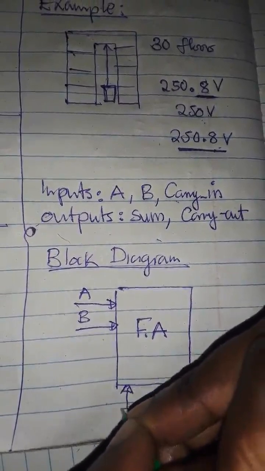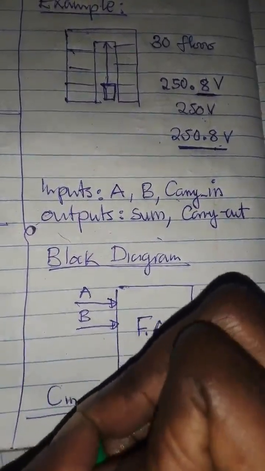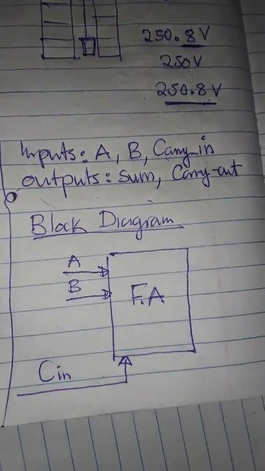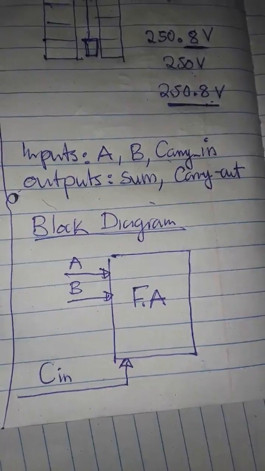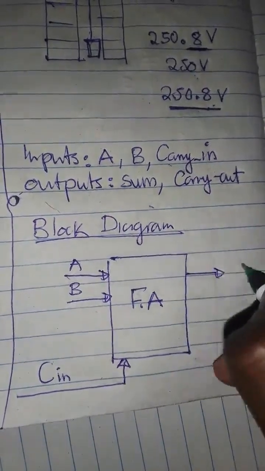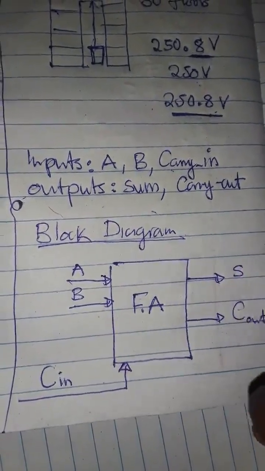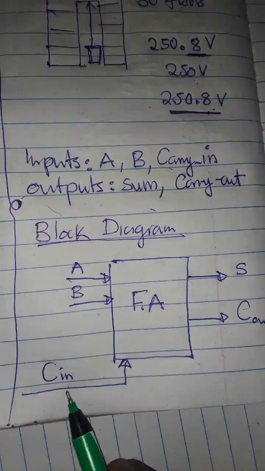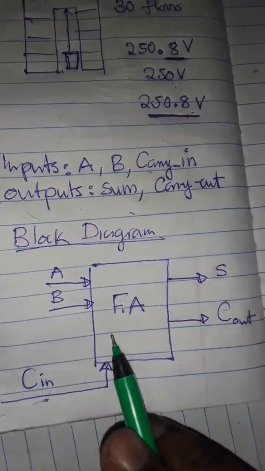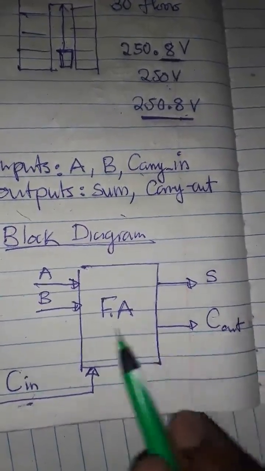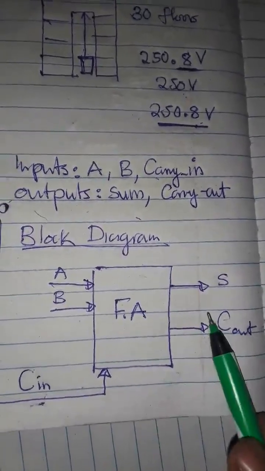I'll draw the carry in from here, just to show that it's a carry in, or say C in, from a previous adder. Then it has the output of sum and the output of carry out. So this is a carry coming from a previous adder that you're going to put into the calculation. This is a carry out that is coming from the calculation of this full adder.